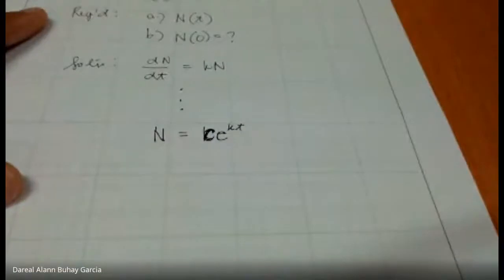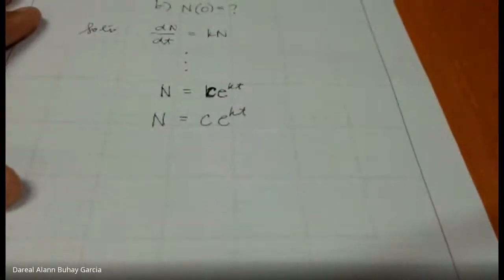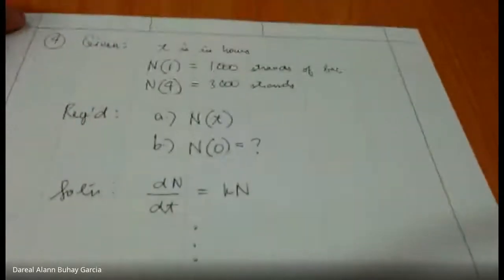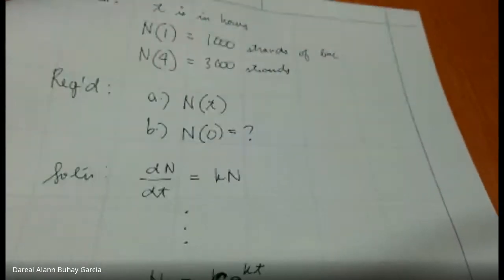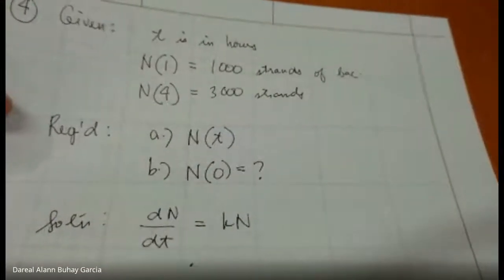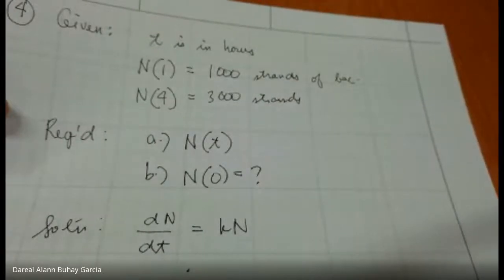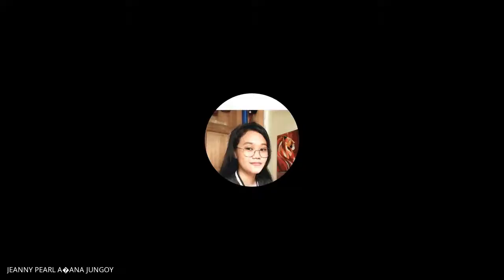Alright, do we have k? No, sir. So, given at 1 hour, 1,000, and at 4 hours, 3,000, our unknowns are C and k.